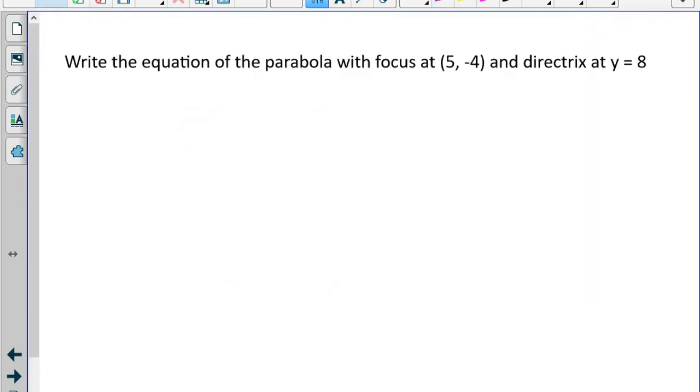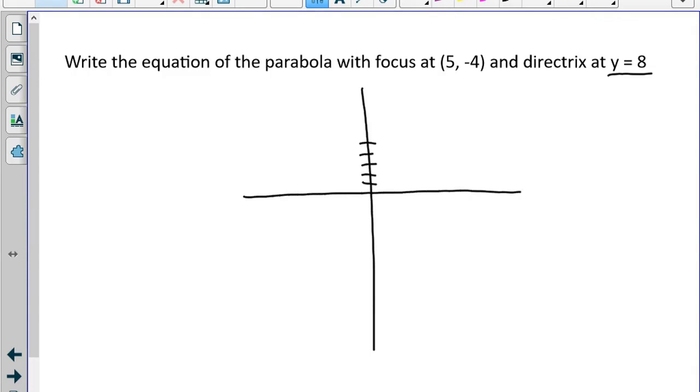All right, write the equation of the parabola with focus at (5, -4) and directrix at y equals 8. So notice that the directrix is y equals 8 here. Because the directrix is y equals 8, if the directrix is going this way, that means that I'm going to have a parabola that opens up or down.